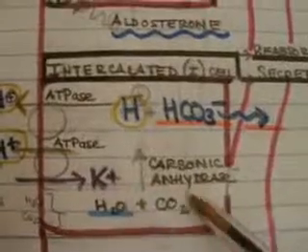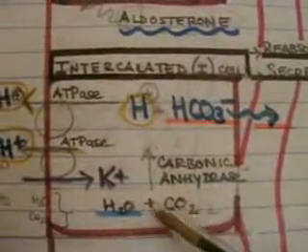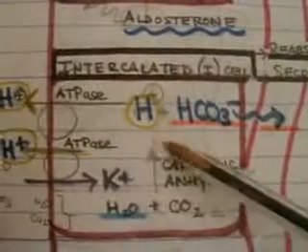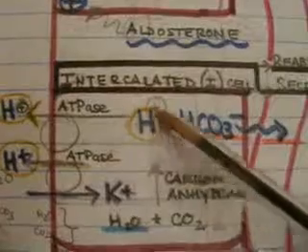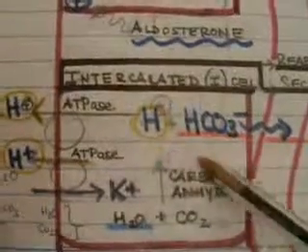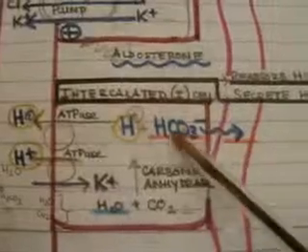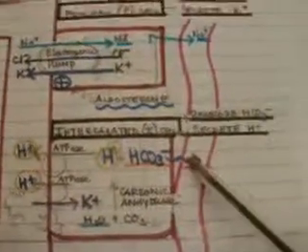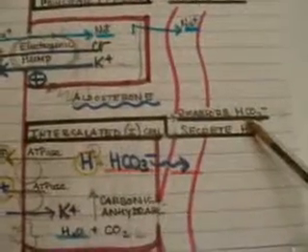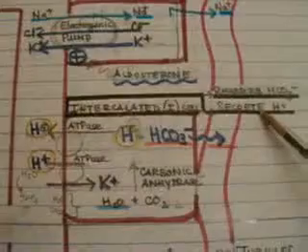And using the carbonic anhydrase, water and carbon dioxide join to form carbonic acid, and once again will dissociate into the hydrogen ion and the bicarb. Bicarb is then able to be reabsorbed into the capillary system and therefore absorbed systemically in order to regulate the acid-base balance within the cells.